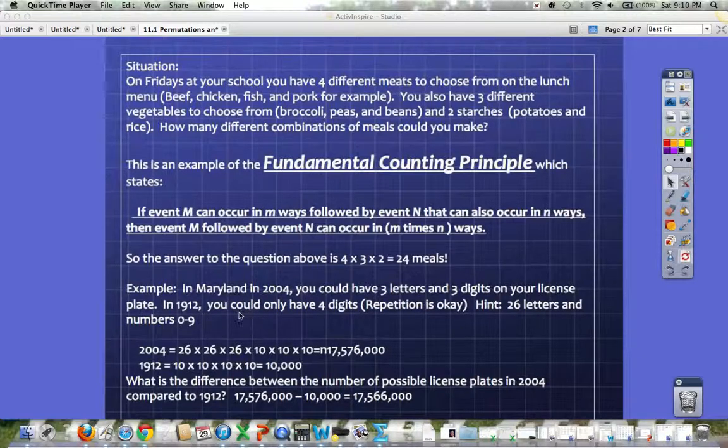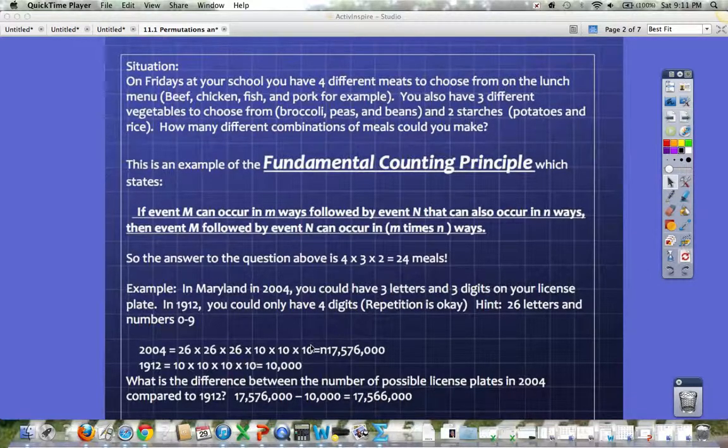So there are 26 letters, and you can have 3 different letters, so you could have 26 times 26 times 26. And there are 10 numbers, 0 counting as a number, 0 to 9, so that would be 10 times 10 times 10.